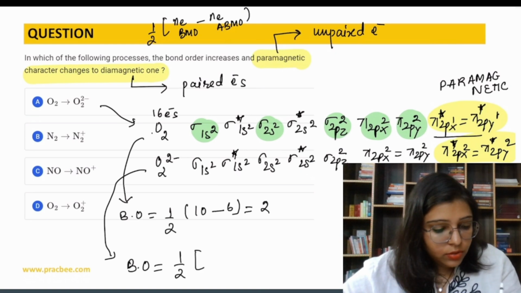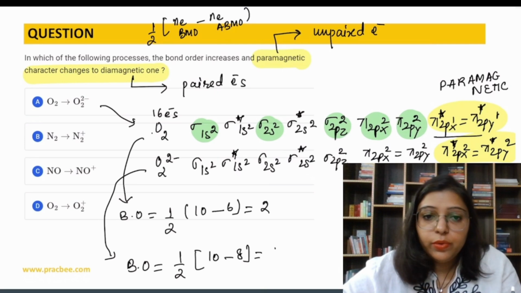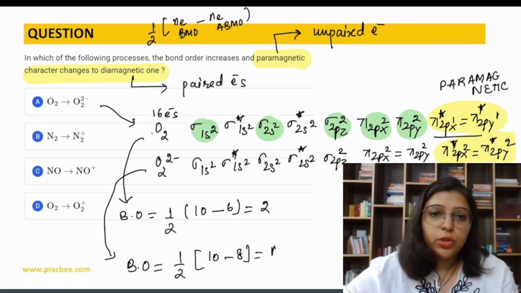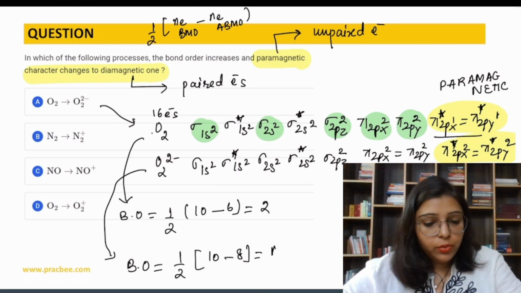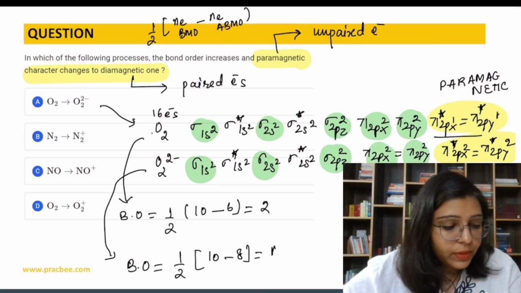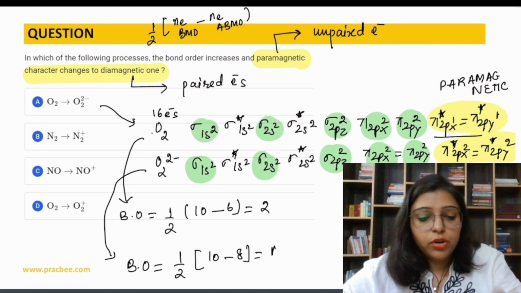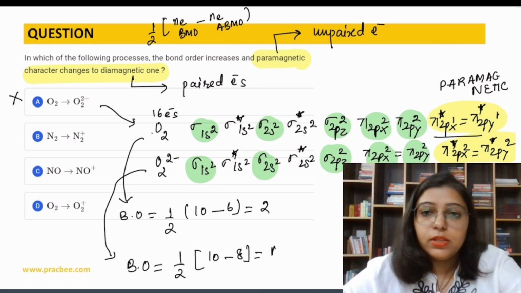Half of 10 minus 8, so that is equal to 1, because we have to add 2 electrons in anti-bonding. So 10 bonding and 8 anti-bonding. Then 2 by 2 is equal to 1, but the bond order decreases, so this cannot be correct.